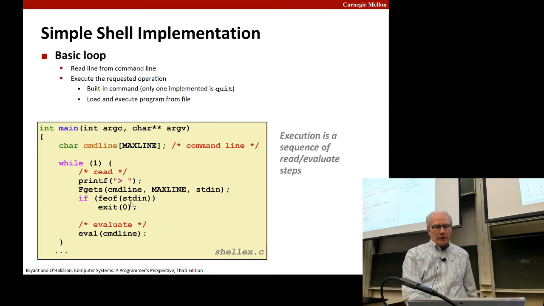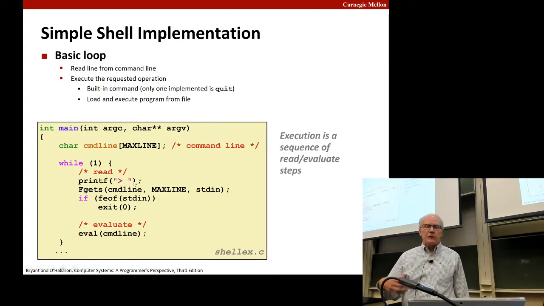Then it checks if it received an end-of-file, then you want to exit. Otherwise, you want to evaluate this command line. And once it's done evaluating that command line, it will jump around and do the next. So it's a standard interpreter: you read something, you do something with it.